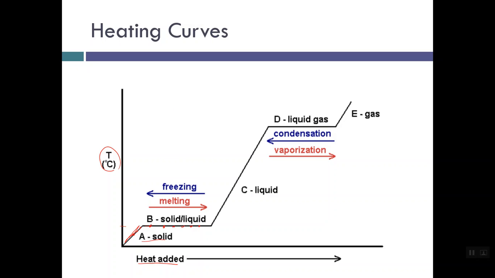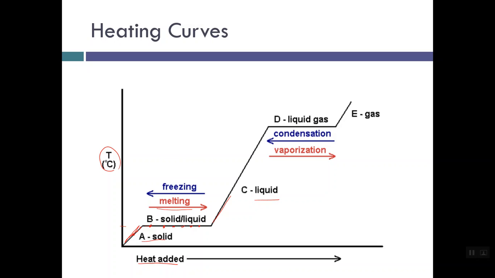You're adding heat, but now it is melting. I'm going from a solid to liquid. So here is where I'm melting. I'm adding heat and I'm changing to a different phase.